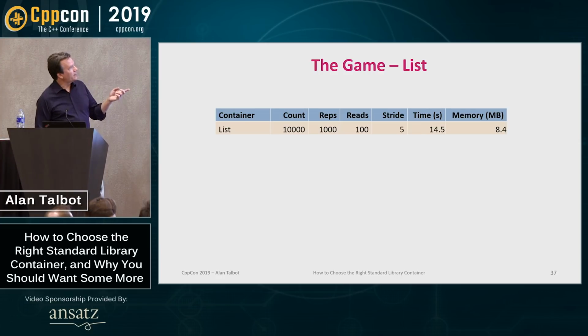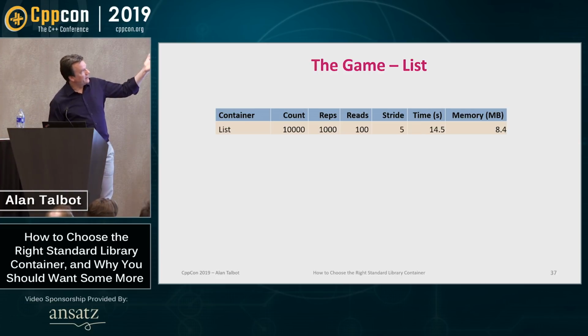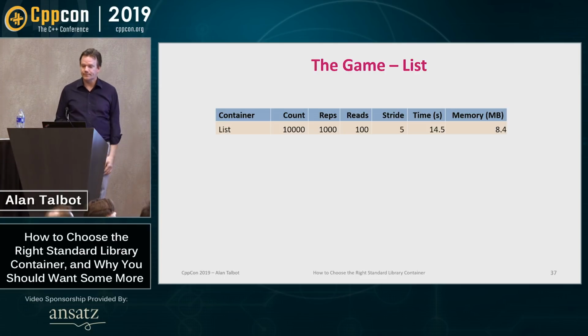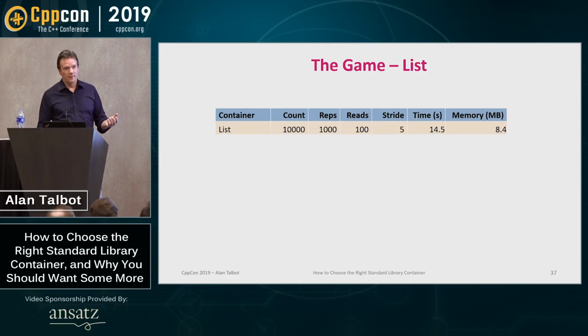So I ran it with these numbers. Again, I had a container of size 10,000. I thrashed it 1,000 times. I did 100 reads, and then I took out every fifth element and put them back. And that took 14 and a half seconds and used that much memory using a list. And we know list isn't a great solution for this, but it's the one that's there.